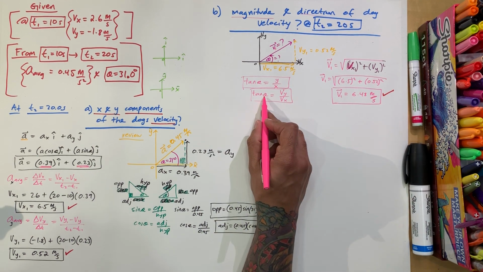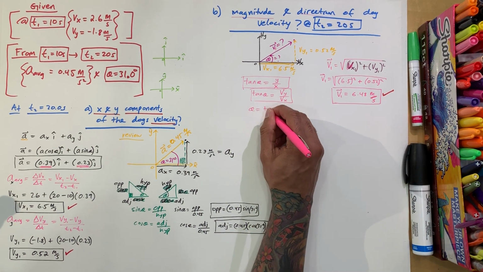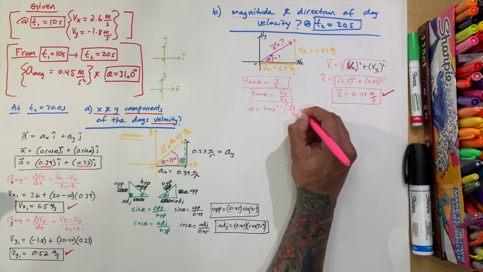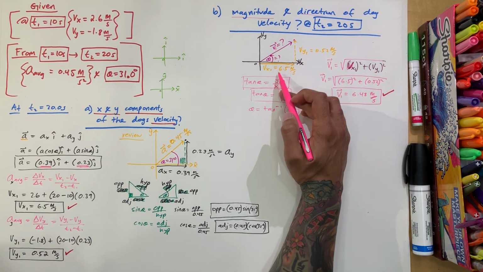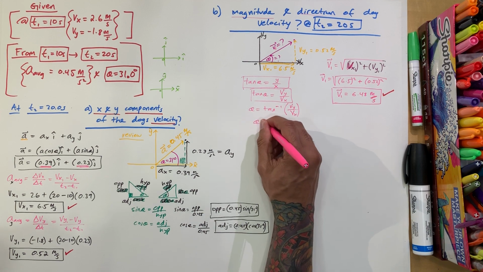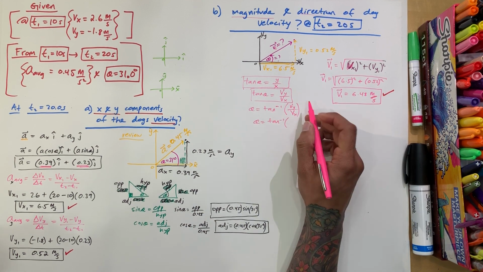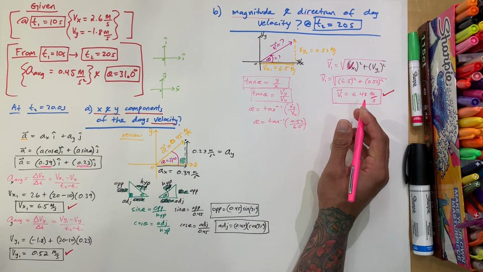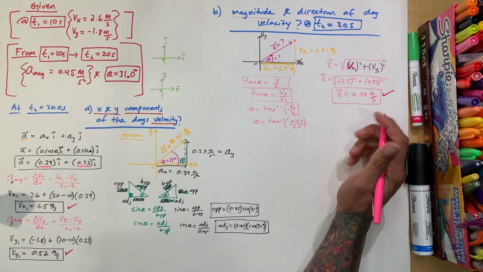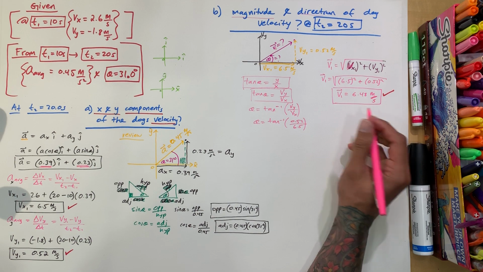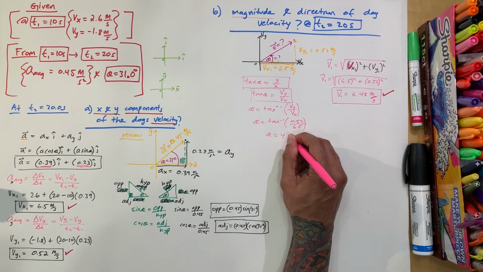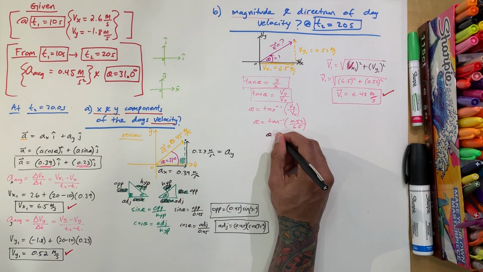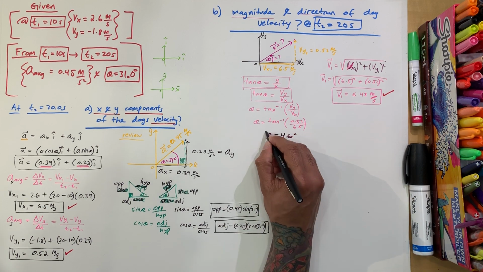If we solve for theta, theta is equal to tangent inverse of Vy over Vx. Plugging in the values, theta is equal to tangent inverse of 0.52 over 6.5, and that gives us theta equal to 4.6 degrees.